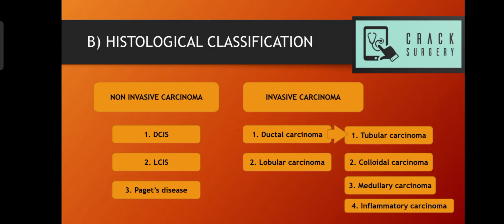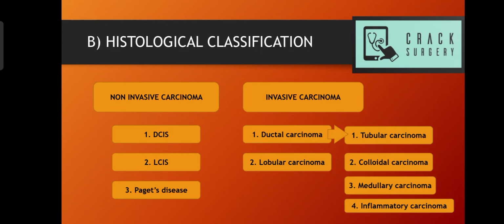Now, histological classification of CA breast. This is subdivided into two groups, that is non-invasive carcinoma of breast and invasive carcinoma of breast. Non-invasive carcinoma has three types: DCIS, LCIS, and Paget disease.